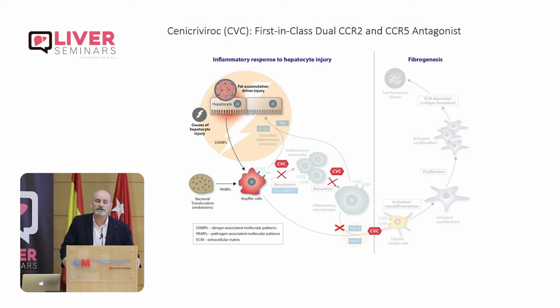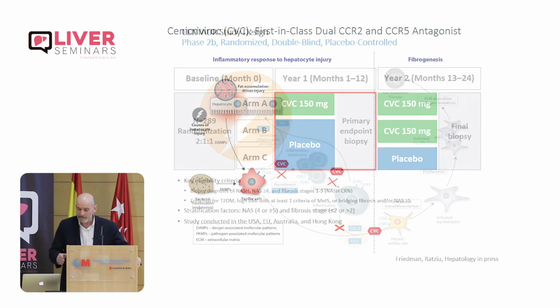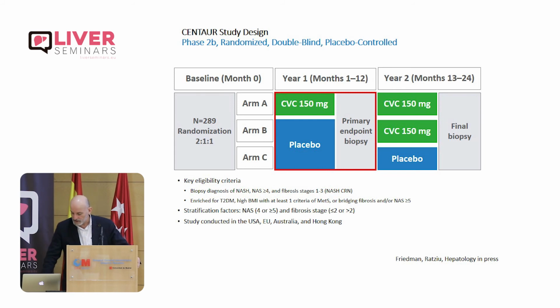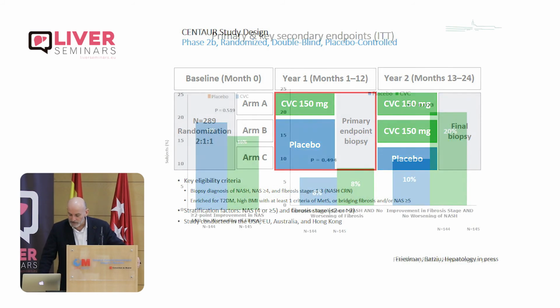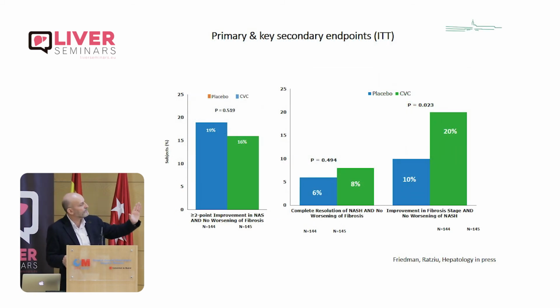CCR2, CCR5 antagonists are also very interesting anti-inflammatory drugs. Cenicriviroc has been used trying to avoid the activation of hepatic stellate cells. In the CENTAUR study, the comparison between cenicriviroc and placebo demonstrated a 10% improvement in fibrosis using cenicriviroc versus 10% using placebo.